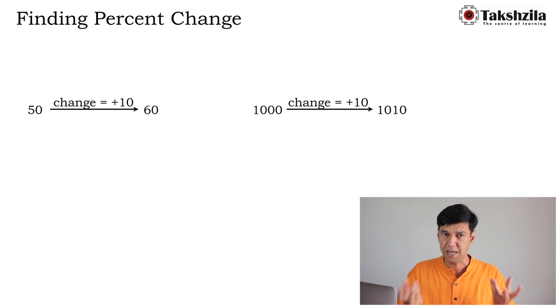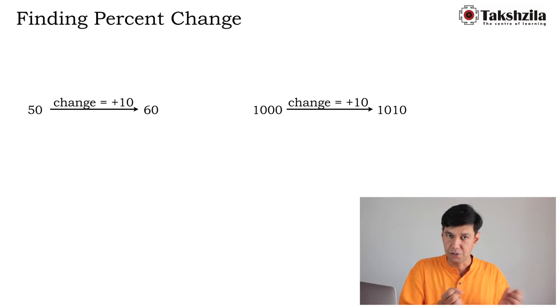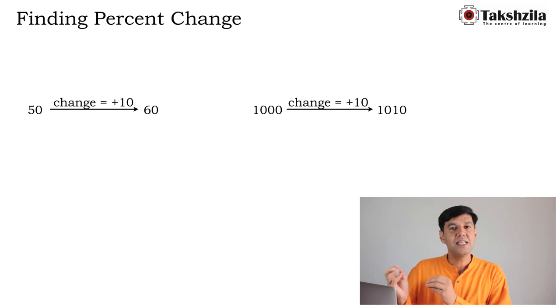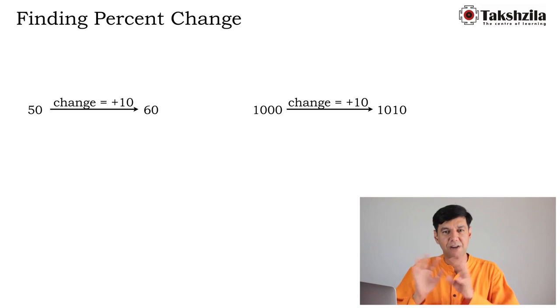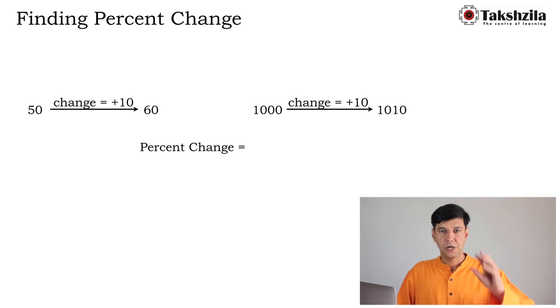The value of change is the same, 10. Yes, the numeric value is the same, 10, but when compared to the actual values 50, 60 and 1000, 1010, the 10 in the second case is insignificant, pales, right? This is what we mean by a percent change. So remember, percent change is again a comparison.